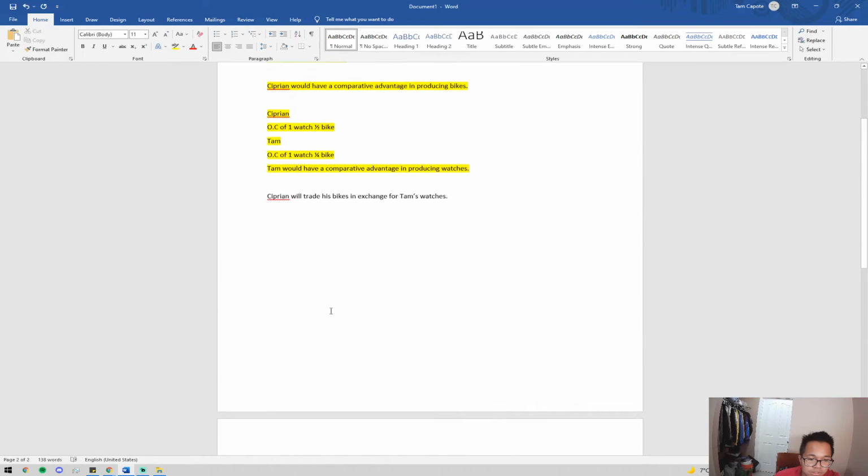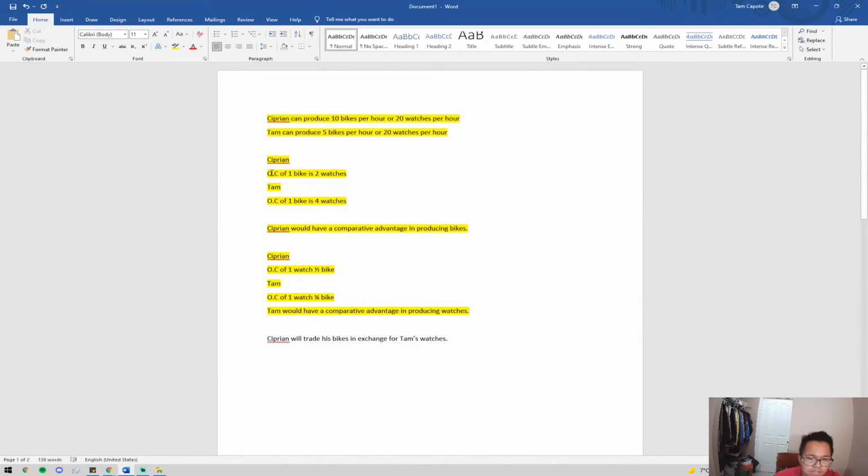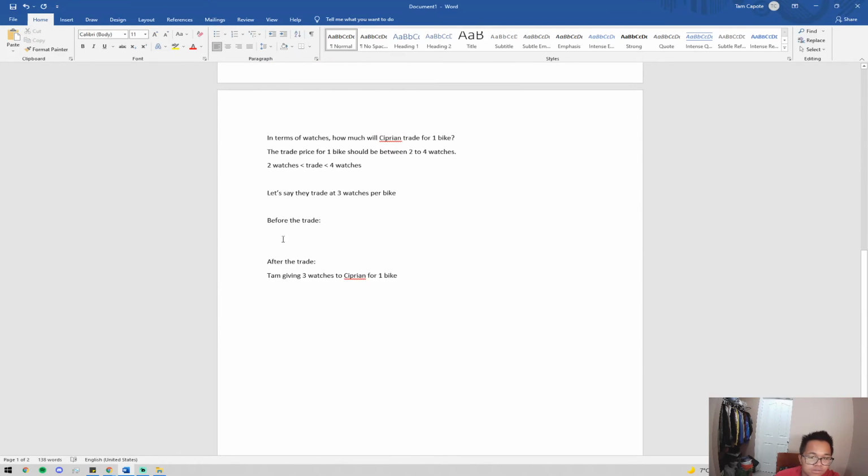So for Cyprian, for one bike, he can only make 2 watches. So in Cyprian's scenario, for 2 watches, he can only produce 1 bike.